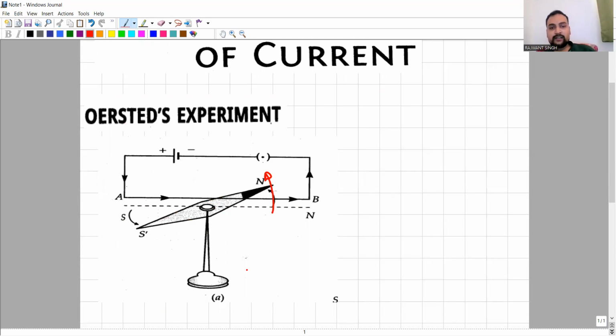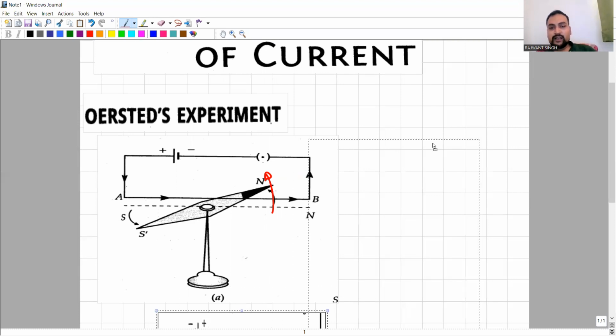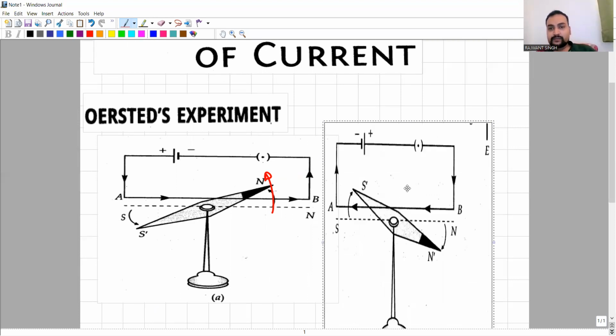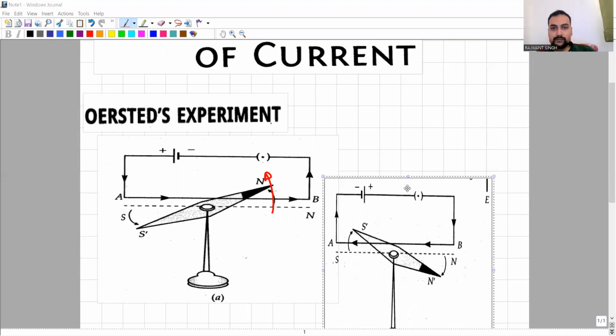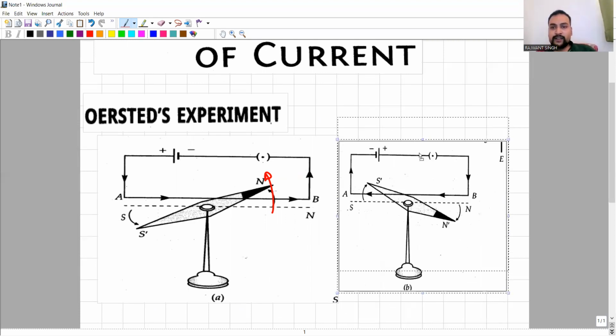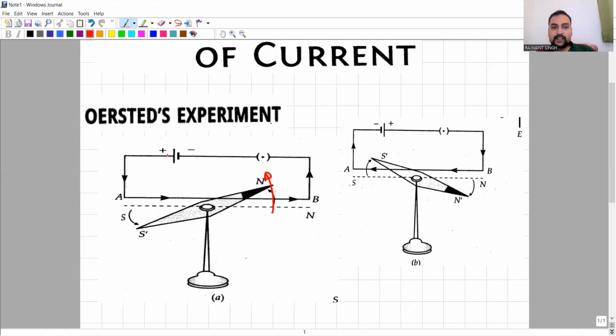This deflection changes when he changed the direction of the current. You see here, first the current was flowing from here to here, and then the current is now flowing in this direction. So the direction of the deflection of the magnet changes.